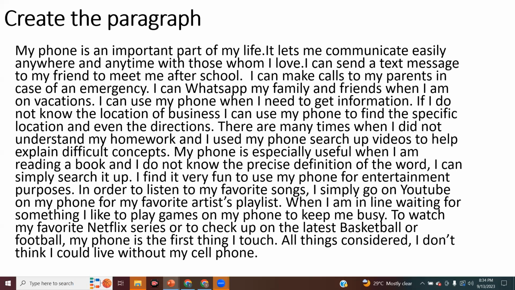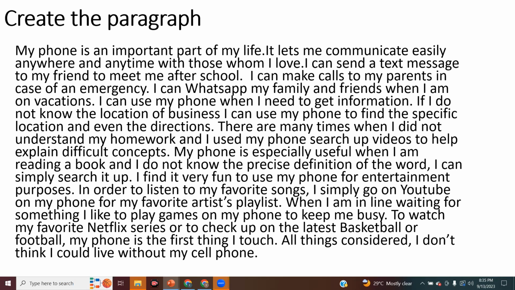There are many times I do not understand something and I use my phone to search up videos to help explain difficult concepts. My phone is especially useful when I'm reading a book and I don't know the precise definition of a word. I can simply search it up.